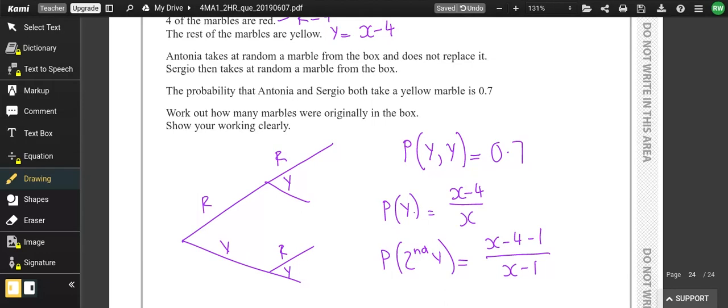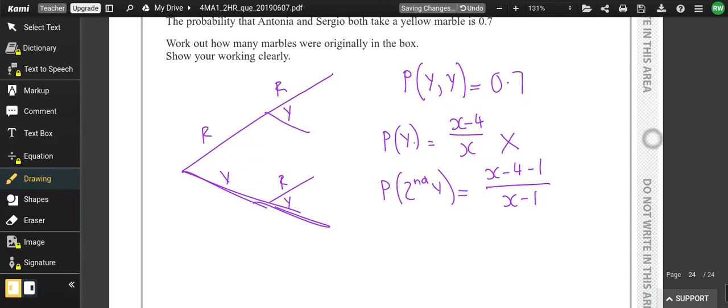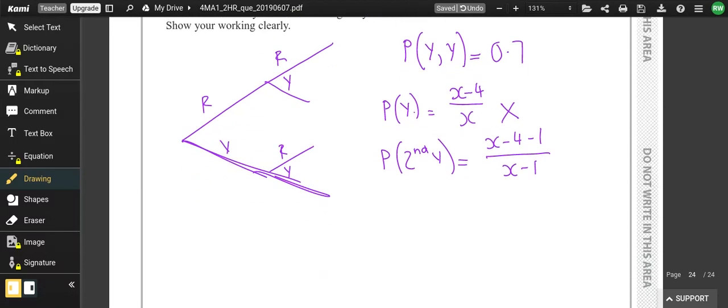And then we multiply those two together because we're going down the branches. So we're going down that branch and then that branch. So we multiply them together, and that should give us 0.7. So we want to turn that into some sort of algebraic fraction. x minus 4 over x times x minus 5 over x minus 1 is equal to 0.7.